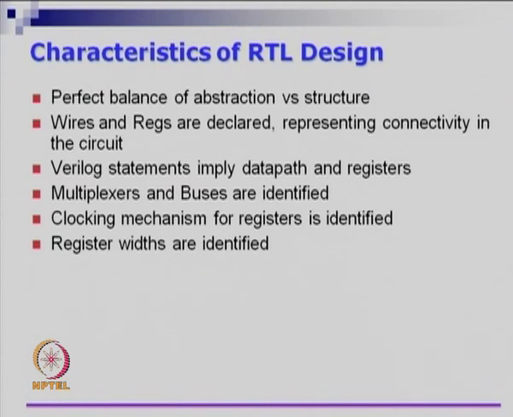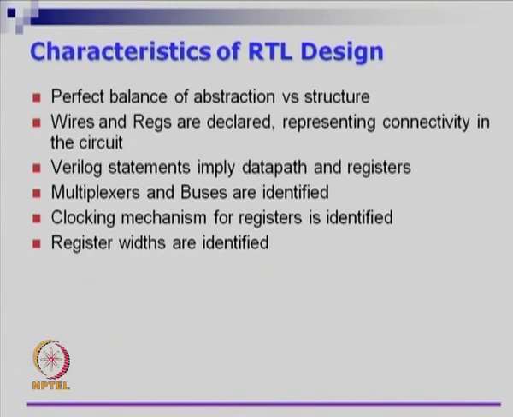What we do in RTL design is declare the wires and regs so that we know all the connectivities that we need, and we have Verilog statements that imply the data path elements and the registers. We also identify all the multiplexers and buses that are needed. Even in the GCD example, if you remember, we had 2 multiplexers to choose where the inputs are supposed to come from. We decided on a clocking mechanism, and we also identified the register width.